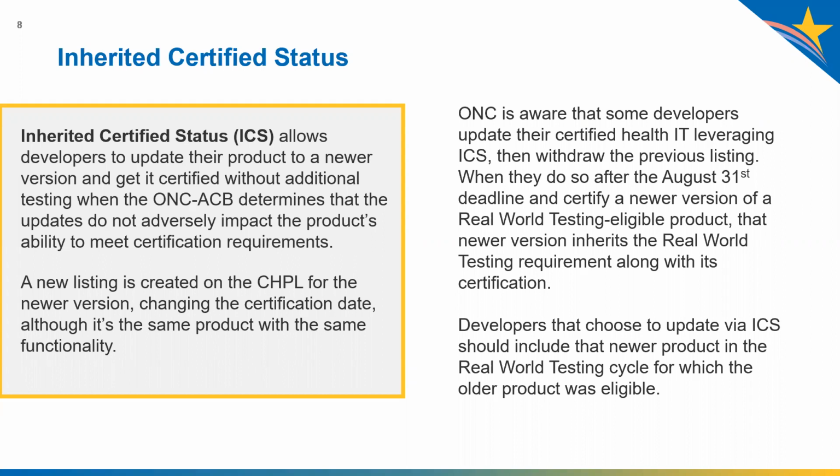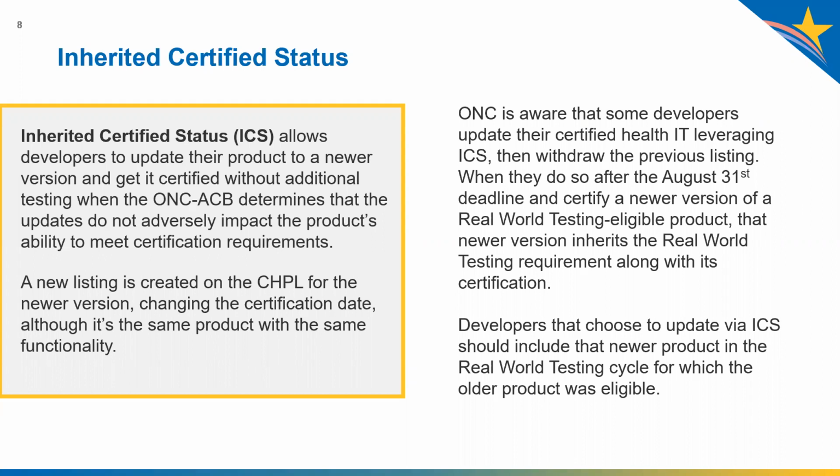If this type of update using inherited certified status happens after the August 31st deadline for certification for modules to be included in the immediately following year of real world testing, that newer version is going to also inherit the real world testing eligibility. So if you choose to update via inherited certified status, be sure to include that newer version in your real world testing activities for the year of the eligible older version.